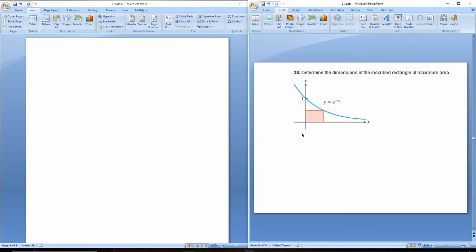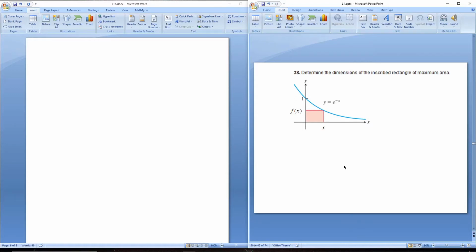So they already gave a picture here for us. So let's label it. Introduce some variables here. So we'll say the length or the width, whatever you want to call it, of the bottom part here, we'll call that x. And then notice that the height of the box is always coming from the output of the function. So we plug in x, and then the function gives us the height of our box.